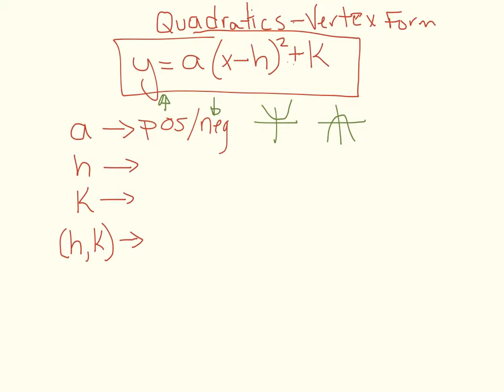We also looked at the size of a, and if a is greater than 1, then we're going to say that the parabola stretches, or it's looking thinner, because picture yourself pulling an elastic band up from the top.